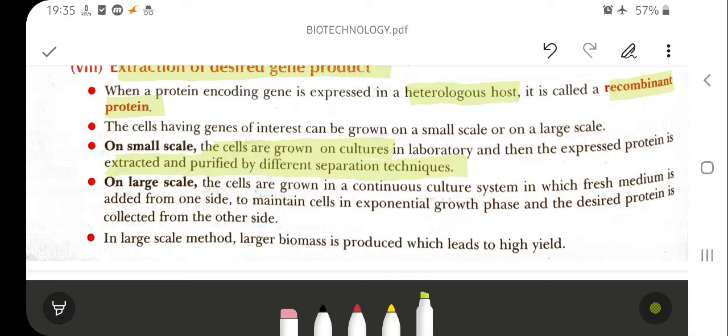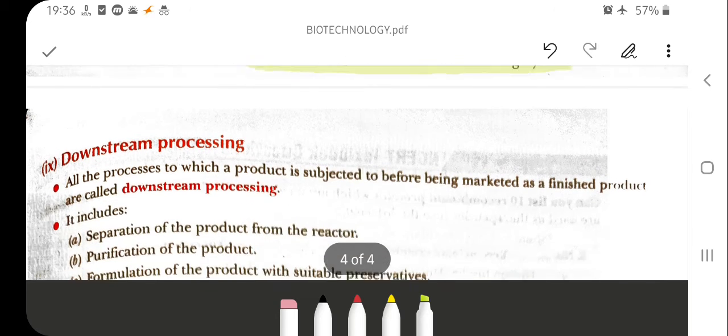But for a large scale, the cells are grown in a continuous culture system in which fresh medium is added from one side to maintain the cells in the exponential growth phase, which goes on increasing, and the desired protein is collected from the other side. So, in the large scale method, a large biomass is produced which leads to a high yield.